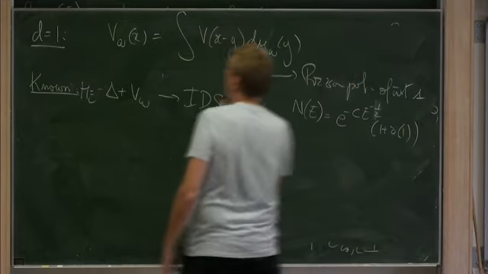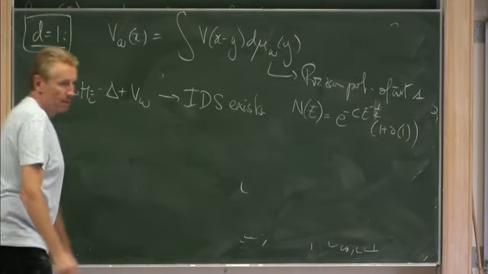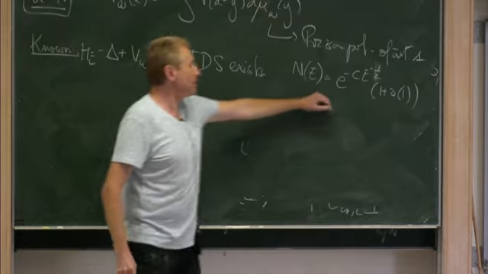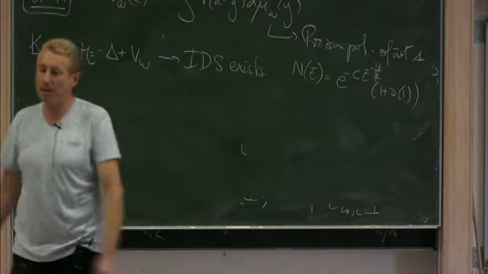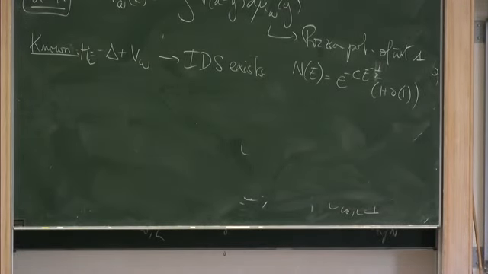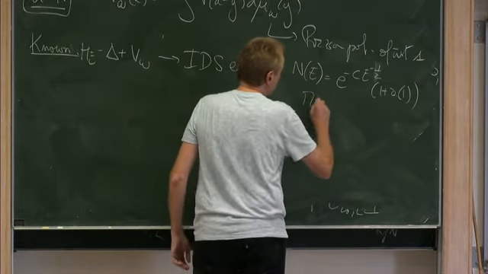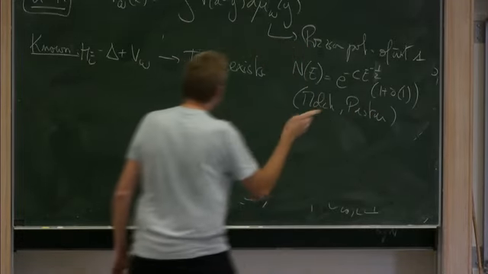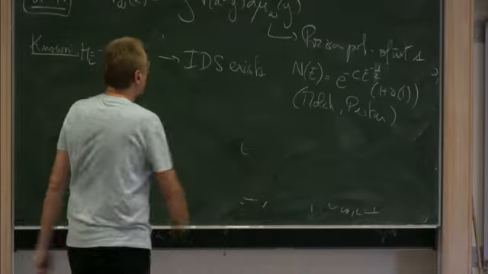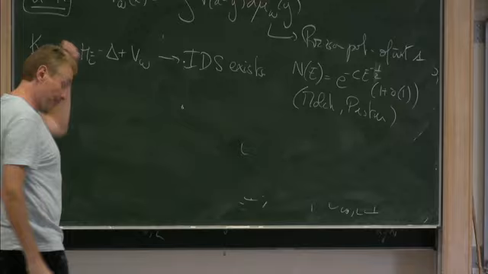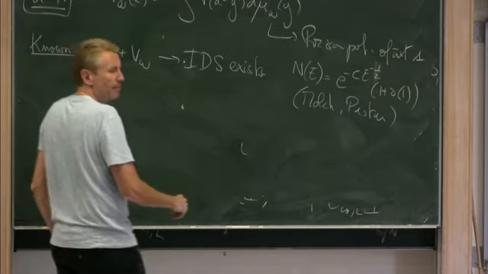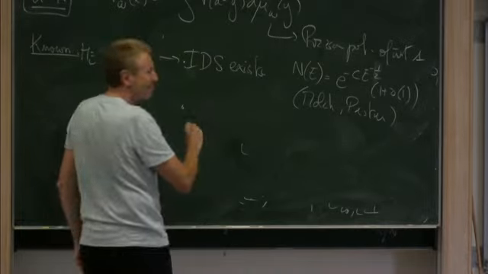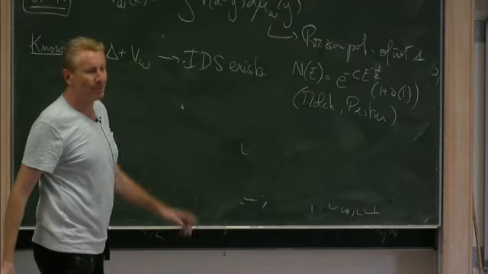The IDS exists, this is true in any dimension, but this asymptotic is going to be true only in one dimension. There is such an asymptotic in higher dimensions as well, not due to the same people. I don't remember whether it's Molchanov or Pastur and collaborators. I think it's Molchanov. Okay, first the IDS exists. The second thing is, not for this one actually, but not for this model.